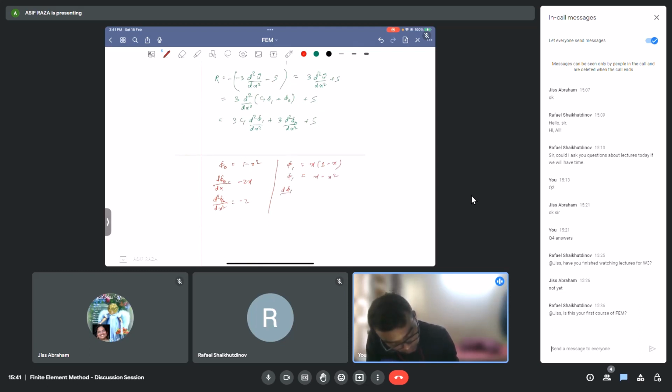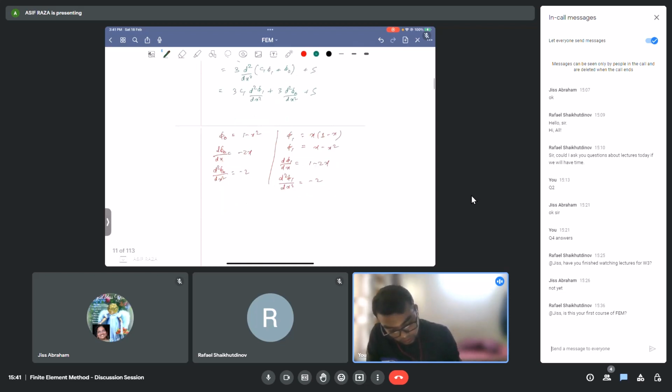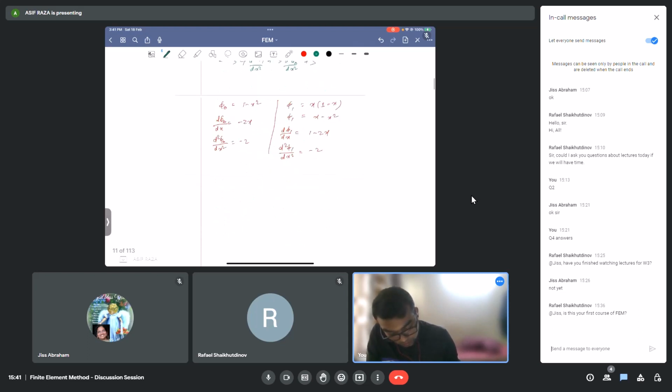So the first derivative of phi 1 would be 1 minus 2x, and the second derivative of phi 1 would be minus 2. So it's coming out to be the same. Now let's substitute this into the above equation.